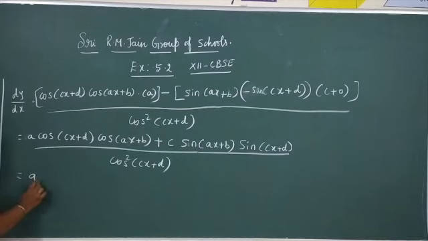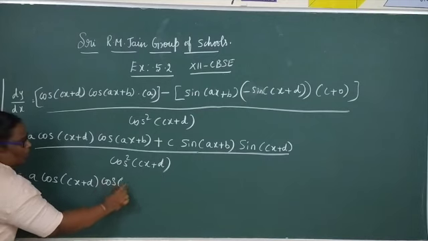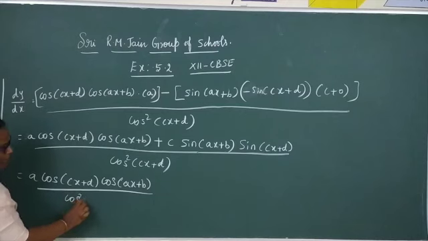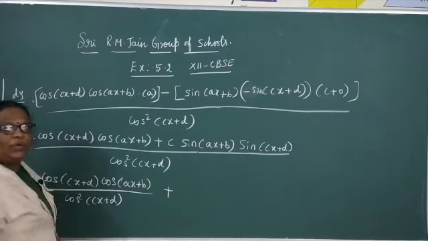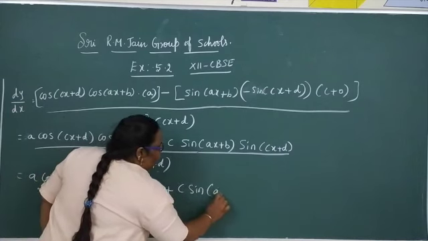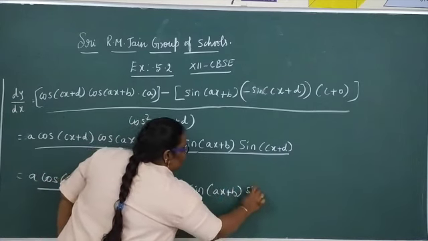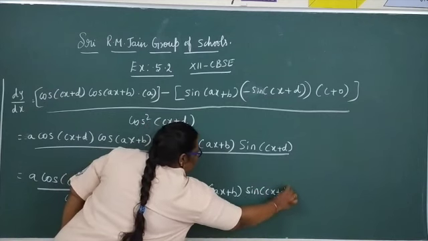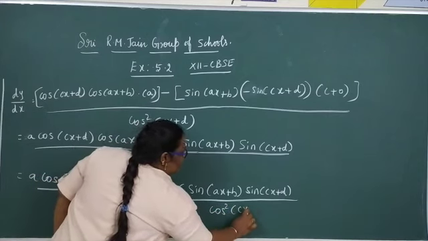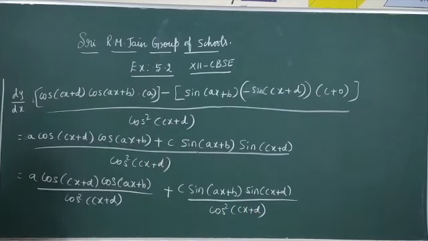See here, a into cos of cx plus d into cos of ax plus b, by cos square of cx plus d. Because it is addition, you can separate it into two parts, plus c into sine of ax plus b into sine of cx plus d by cos square of cx plus d.